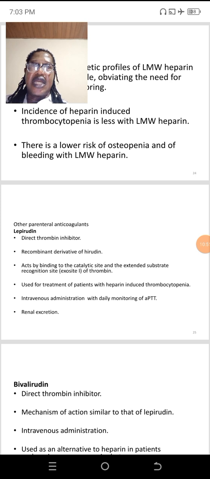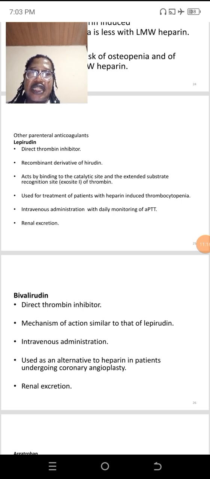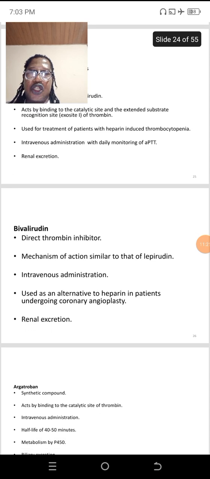Other parenteral anticoagulants are the direct thrombin inhibitors, and these include lepirudin, which acts by binding to the exosite 1 of thrombin and is used for the treatment of patients with heparin-induced thrombocytopenia. Daily monitoring with activated partial thromboplastin time is needed. Bivalirudin is given by intravenous administration and is used as an alternative to heparin in patients undergoing coronary angioplasty.